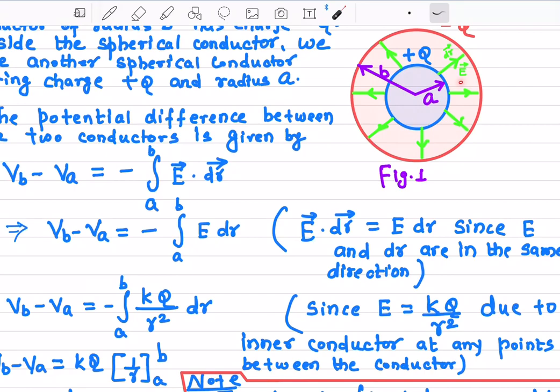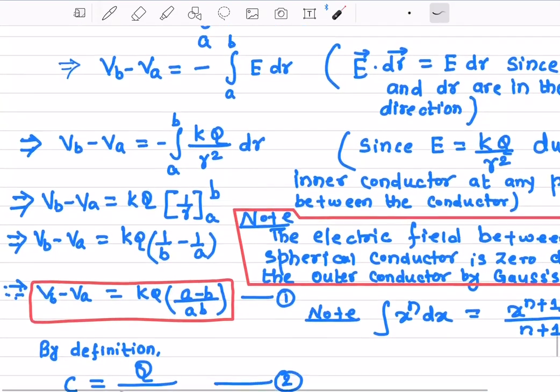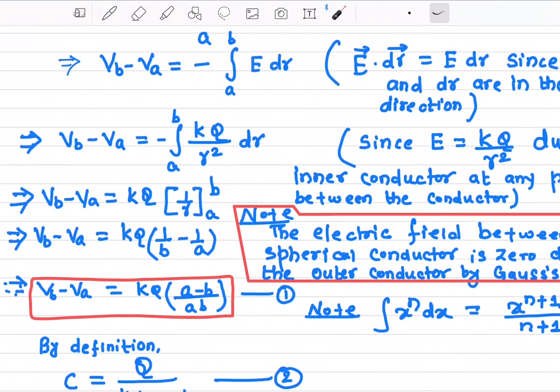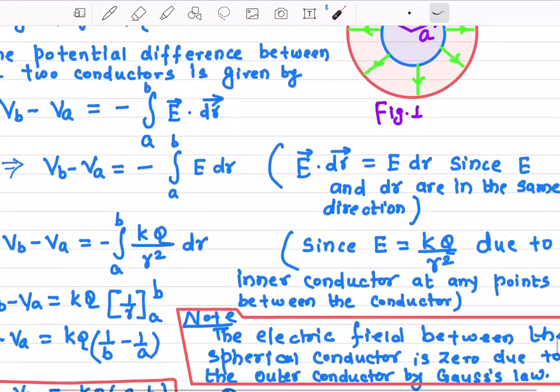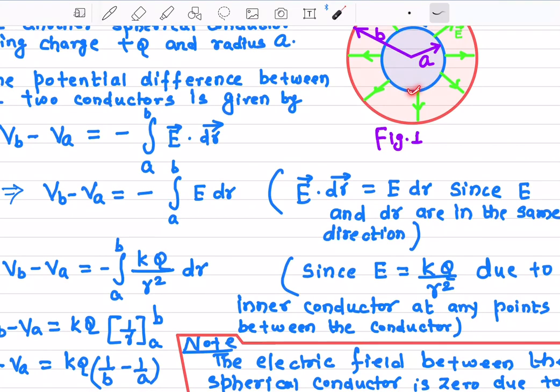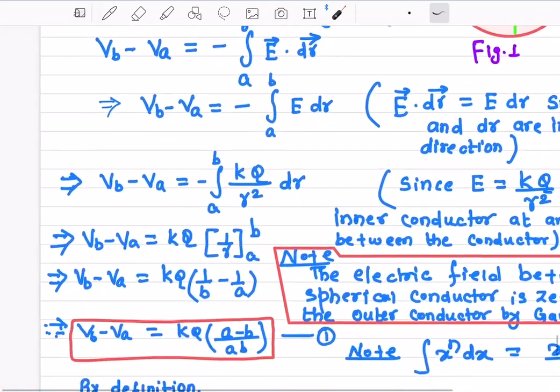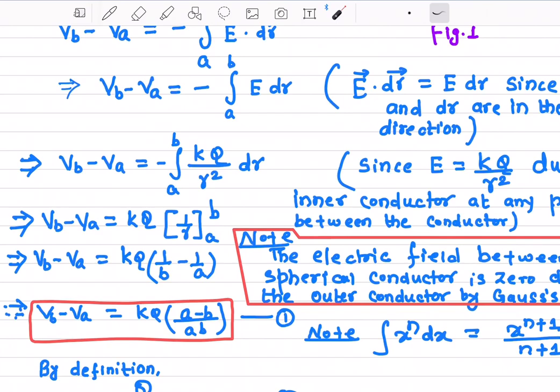The electric field at any point between the conductors is given by kq over r squared. And q is the charge on the inner spherical conductor. k is a constant, q is a constant, so I'm just taking them out.